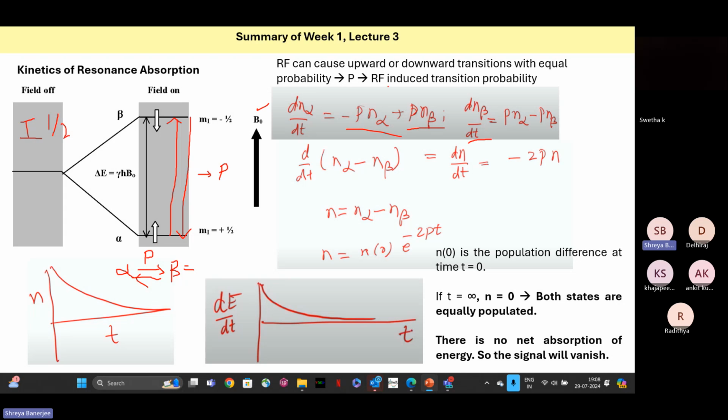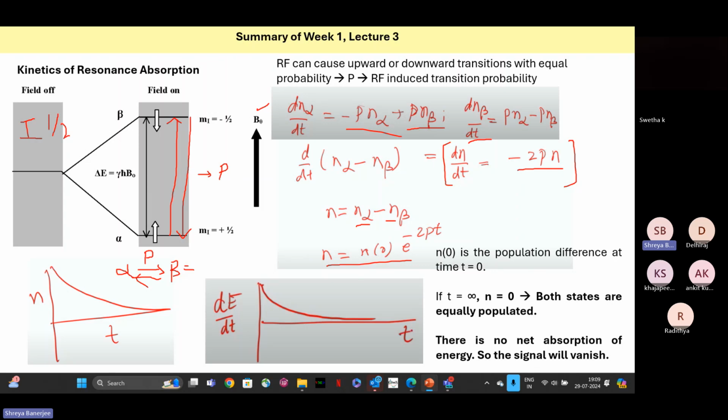reversible first order reaction having a rate constant of P. So then if you subtract dn alpha/dt minus dn beta/dt, it will be minus 2pn, where n is the population difference between alpha and beta. And this equation, if you integrate it, will give you n equals n0 e to the power minus 2pt.